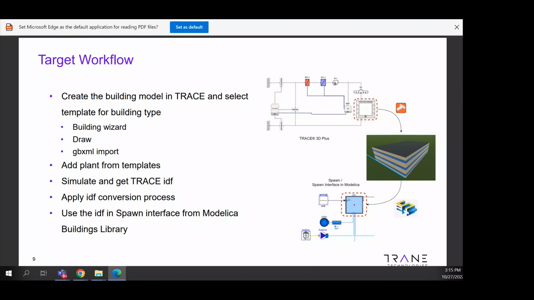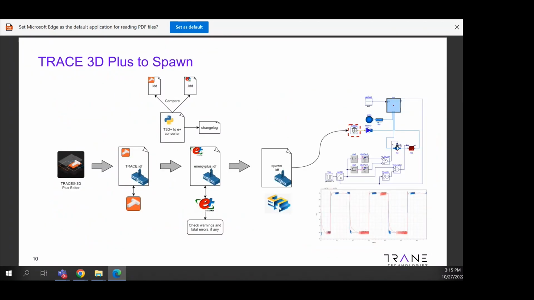So that conversion process is something like this. Once you have the base IDF, the conversion script looks into what objects are used in the Trace IDF file, and finds that object in the IDF. It also looks at the same definition in the Energy Plus IDD.